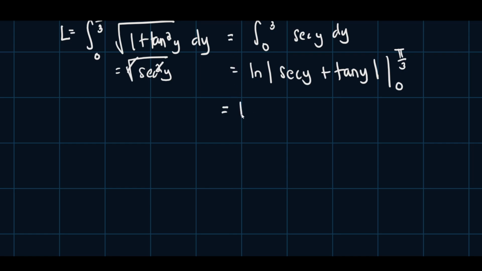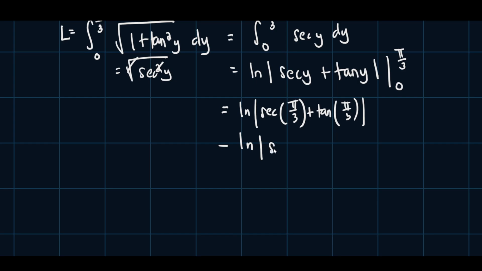So, this will give us ln ng absolute value of secant pi over 3 plus tangent pi over 3 minus ln ng absolute value of secant 0 plus tangent 0.